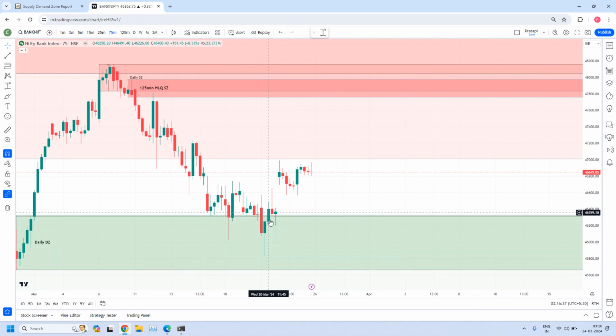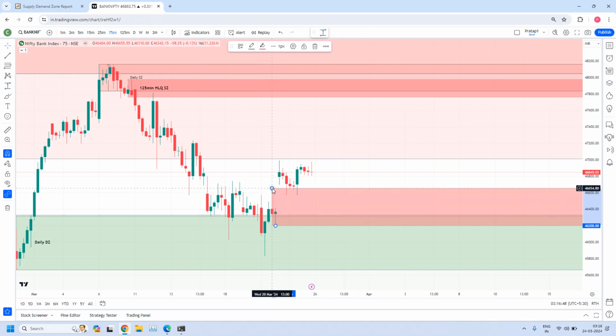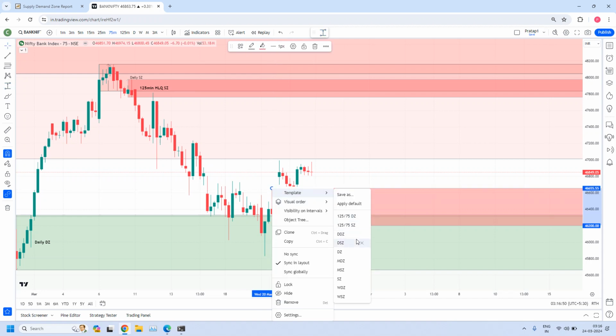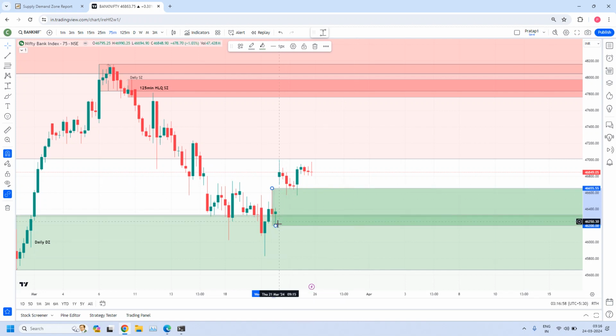This is the leg candle, and these two are the base candles. Already this zone is tested from here, and this is a 75 minutes high liquidity demand zone.